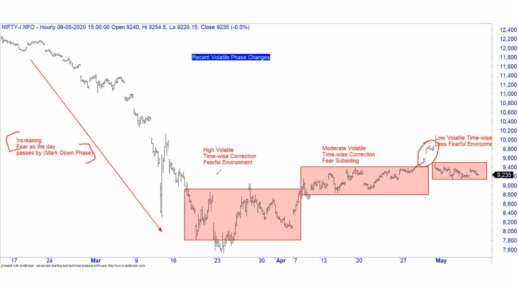This is lockdown 1.0. Still it went volatile, extremely volatile. Lockdown 2.0 is still volatile, most likely, but it's in a very good range, almost a 600-point range. In a controlled range.